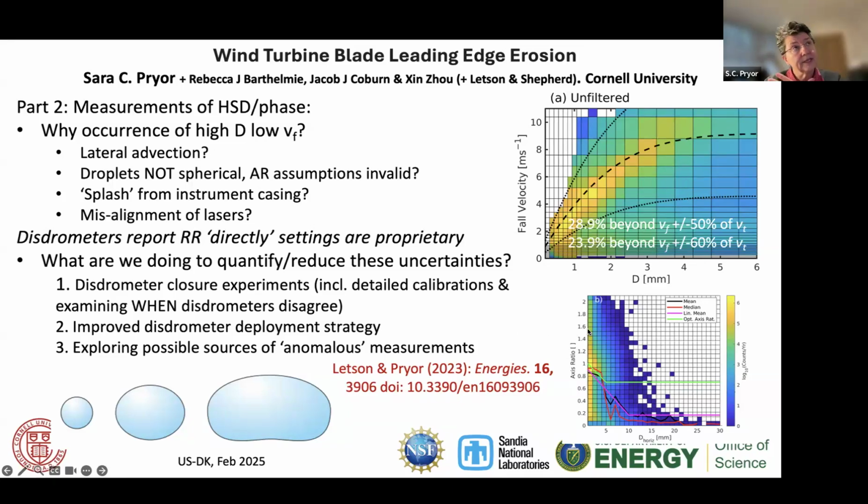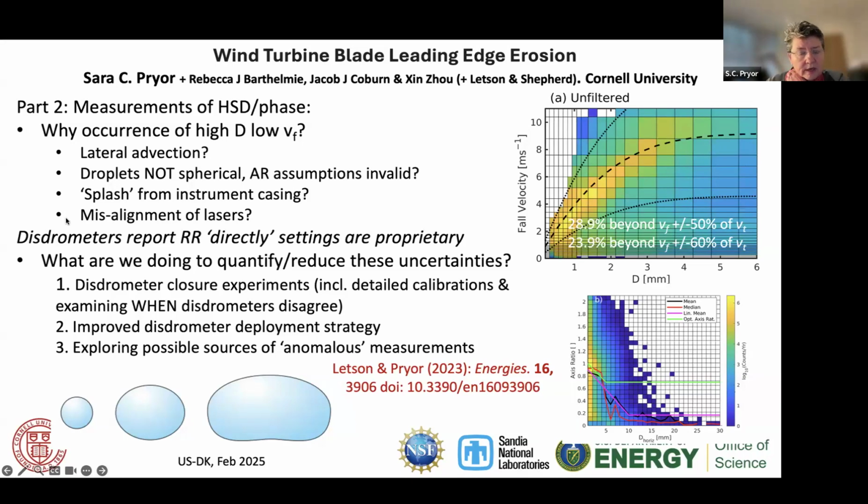For the laser disdrometers, it plateaus at 0.7, so no hydrometeor can have an axis ratio below 0.7, whereas when we do 4 years of analyses of the video disdrometer, we would suggest that the axis ratio can actually be much smaller. Is it a splash from the instrument casing, where it hits the case and falls into the viewing area, or are there cases where the lasers are misaligned?